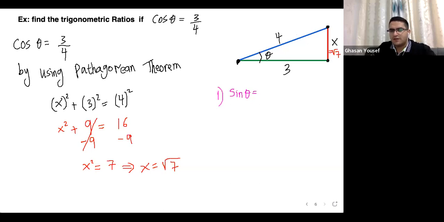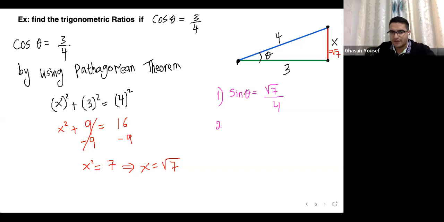What is the value of the opposite? We just found it right now. It's the square root of 7. Square root of 7 over the hypotenuse, which is 4, correct. So this is the first ratio.